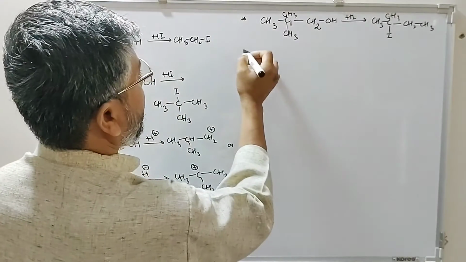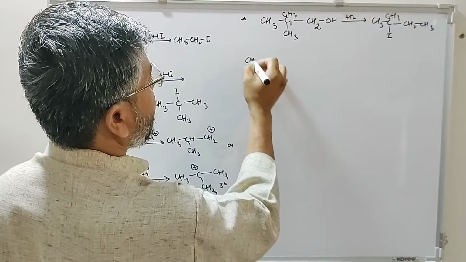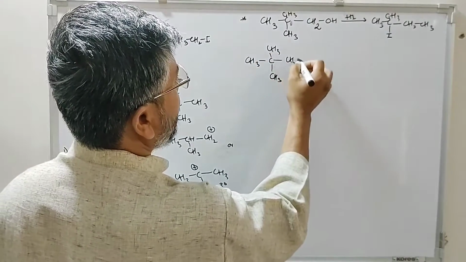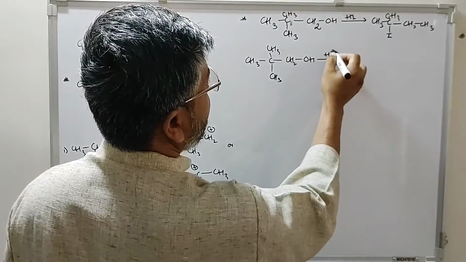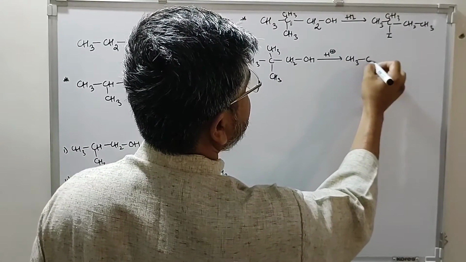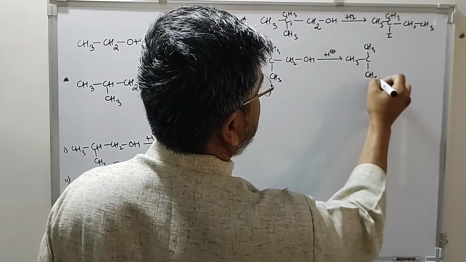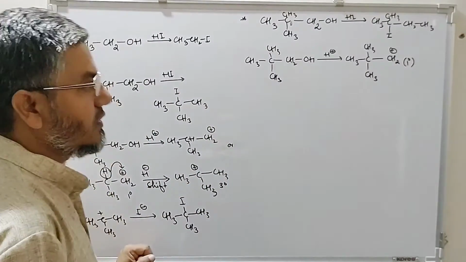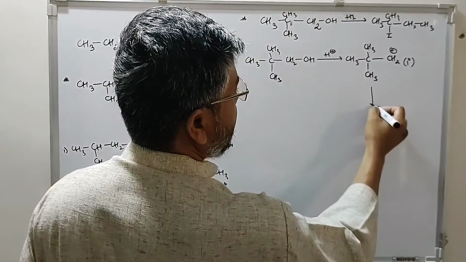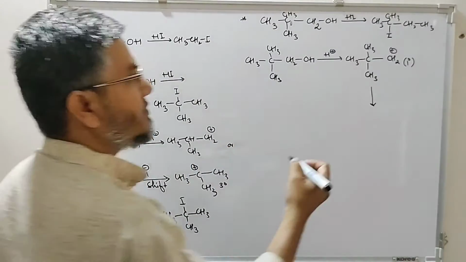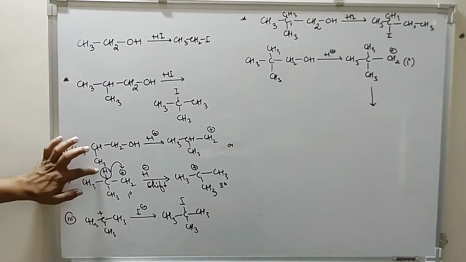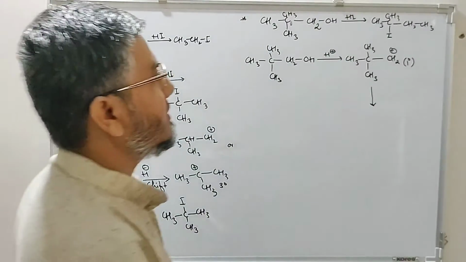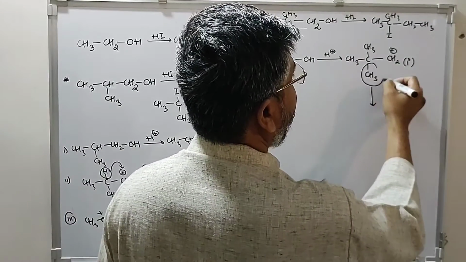So looking at the mechanism, look at these steps. We have this CH3, CH3, CH3, CH2OH reacting with H plus ion, and this gives you this cation. If you look at it, this is primary, which is very unstable. So immediately in the second step, this will undergo rearrangement. In the previous case, there was hydrogen. By that hydrogen shift, we got tertiary. But since there is no hydrogen here, this alkyl group has to undergo a shift, that is a methyl shift.